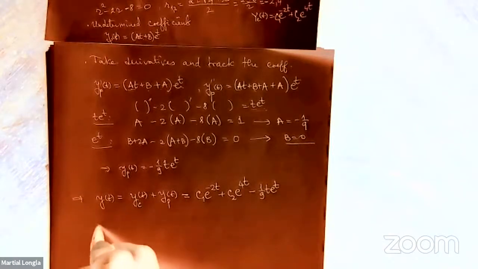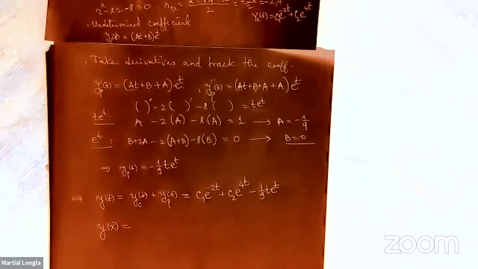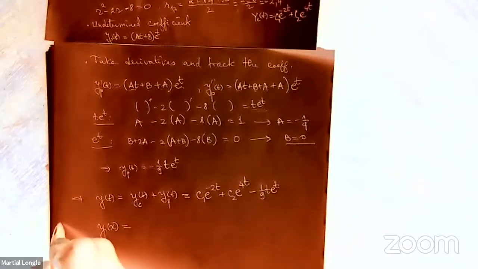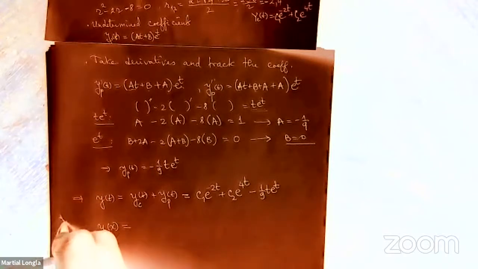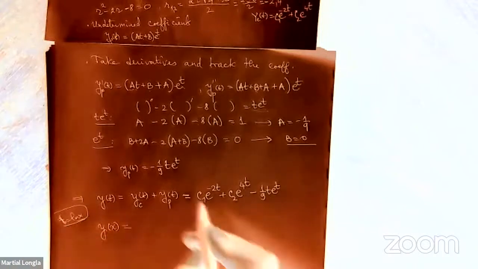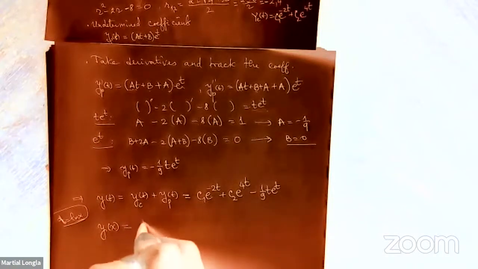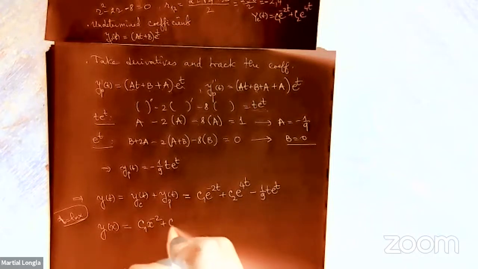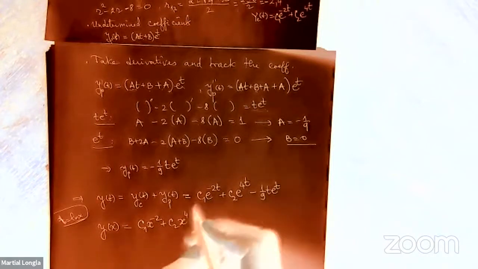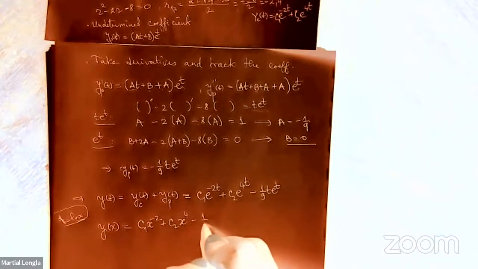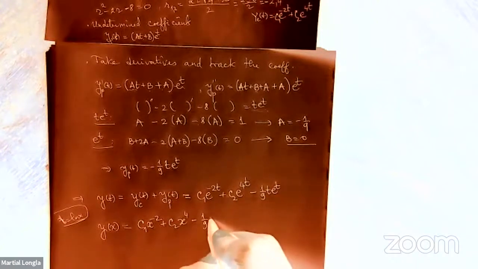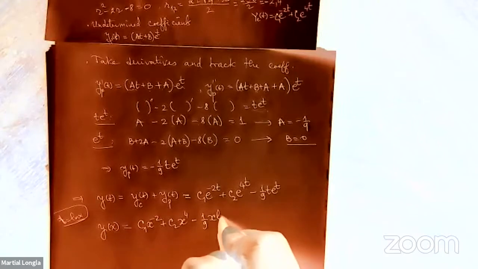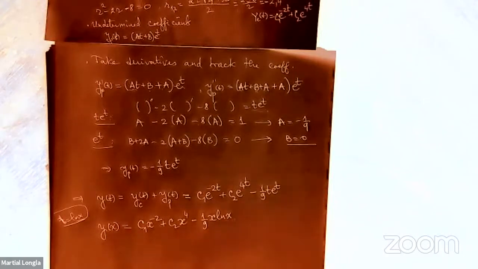And now, because the problem was in terms of x, you got to return the answer in x. So you know that t is natural log of x. You can replace that everywhere you need it. So this gives you c1 x to the minus 2 plus c2 x to the 4th minus 1/9 x natural log of x.